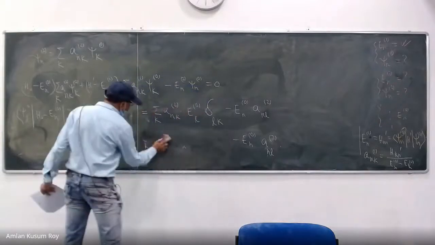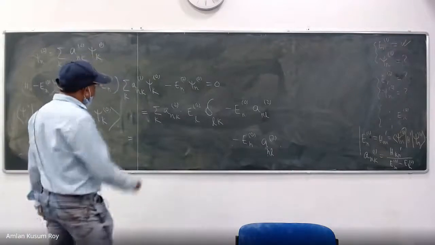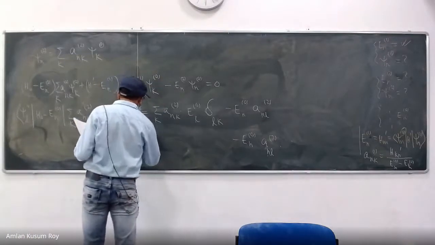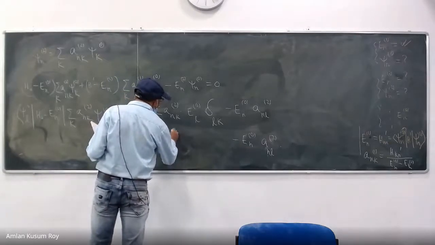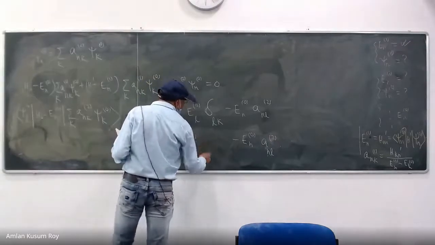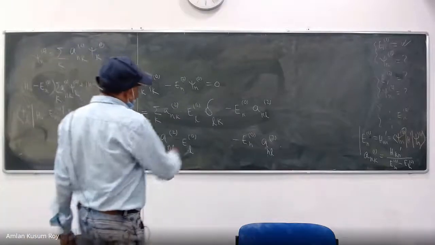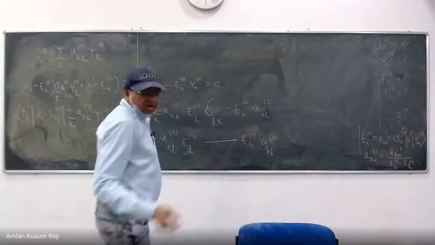The second term remains as it is. So you again have K equal to L. So eventually this becomes A_NL^2 E_L^0 minus, this term remains as such, minus E_N^0 A_NL^2.